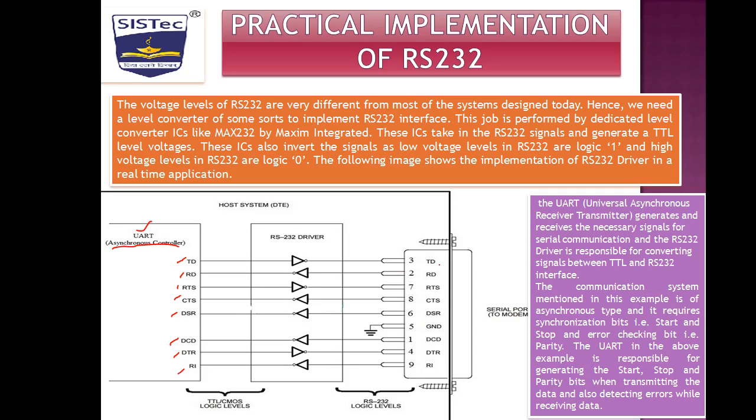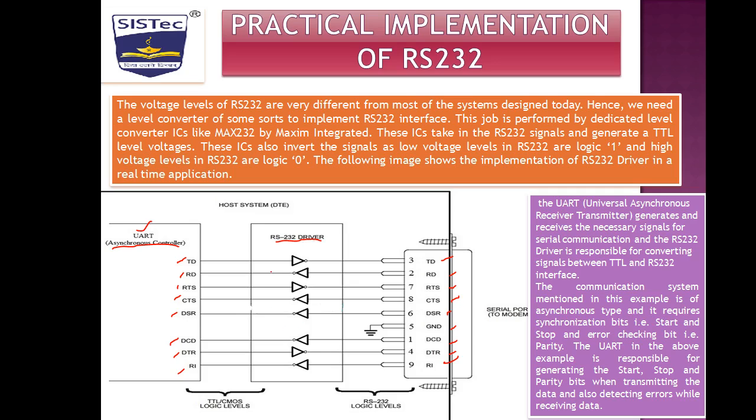On the other side, the serial port belongs to the modem, and we use a DB9 connector that has 9 pins: TD, RD, RTS, CTS, DSR, ground, DCD, DTR and RI. Both the UART and the DB9 connector are interfaced with each other with the help of an RS-232 driver, manufactured by Maxim Integrated.